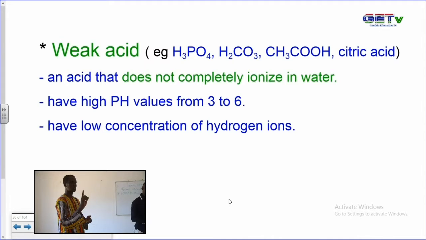So pH 3 is a weak acid, pH 4 is a weak acid, pH 5 is a weak acid, pH 6 is a weak acid. Take note of that. Then the final point: weak acids have a low concentration of hydrogen ions. Remember, strong acids have a high concentration of hydrogen ions, but weak acids have a low concentration of hydrogen ions.